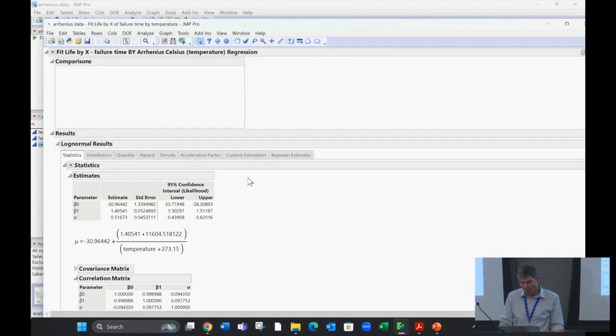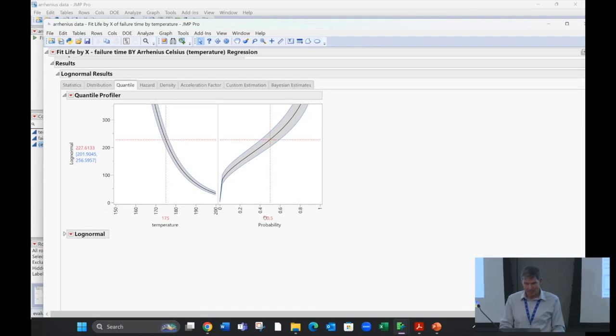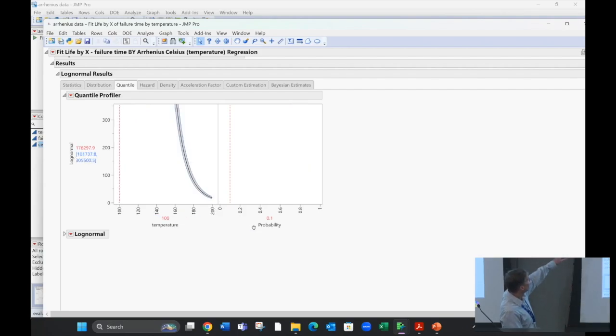One thing you may want to do is figure out what is my expectation at which maybe 10% of these will fail. That's called the B10 life. So on your quantile, I'll put in my probability here of 0.1. I believe that 10% of these will fail at temperature 100 at 175,000 hours.